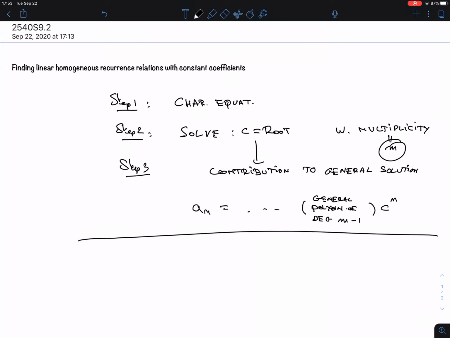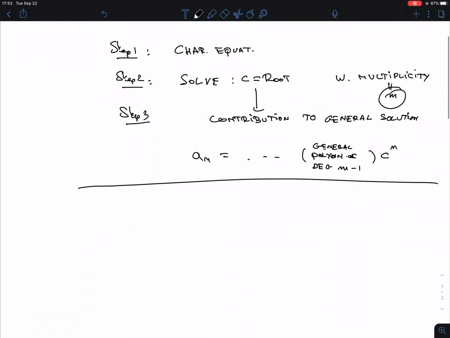Now, I want to turn things a little bit around. Suppose now that a_n is given by the following formula: (3 + 2n) 2^(n+1) - (5n - 1)(-1)^n. So I'm giving you a sequence, sorry, I said series, I meant sequence.